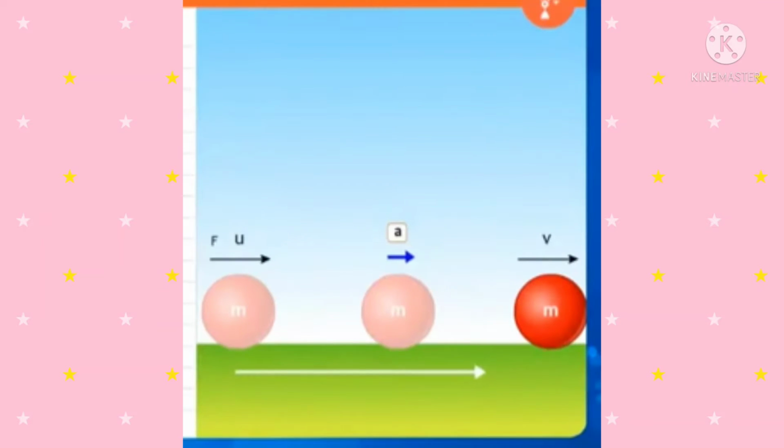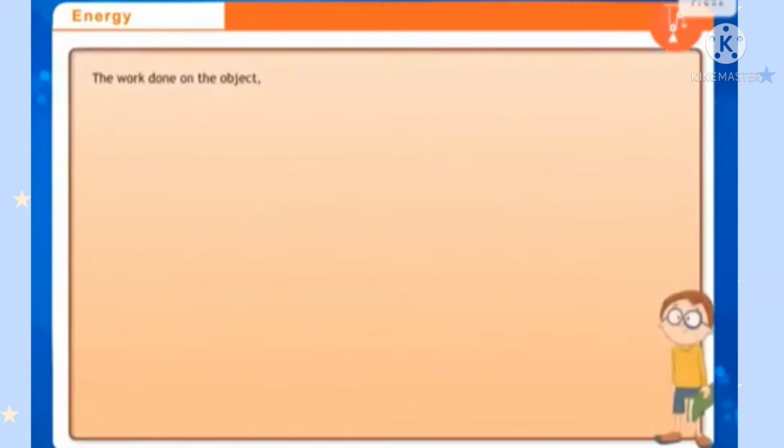The displacement during this time is s. So we can say the work done on the object, that is W, is equal to F into s.